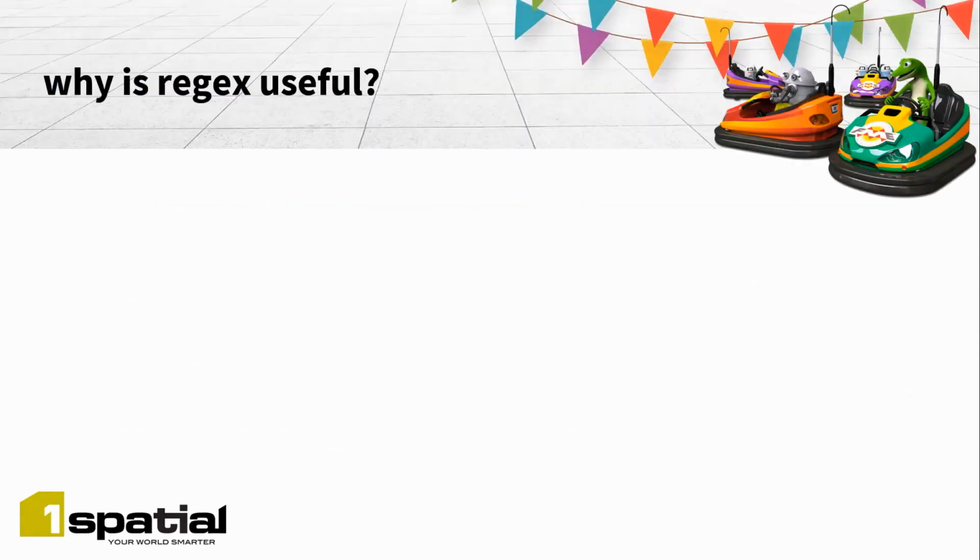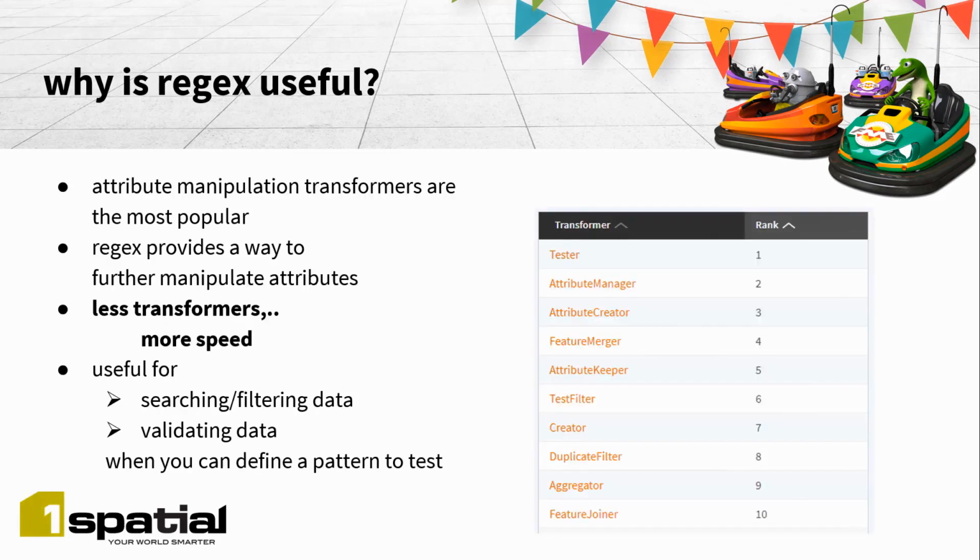So why should I care? Why is it useful? Well, transformers that manipulate attributes, so strings of data, are consistently the most commonly used transformers in FME. And Regex gives us a way to further manipulate attributes. So it can be really useful for searching and validating data.